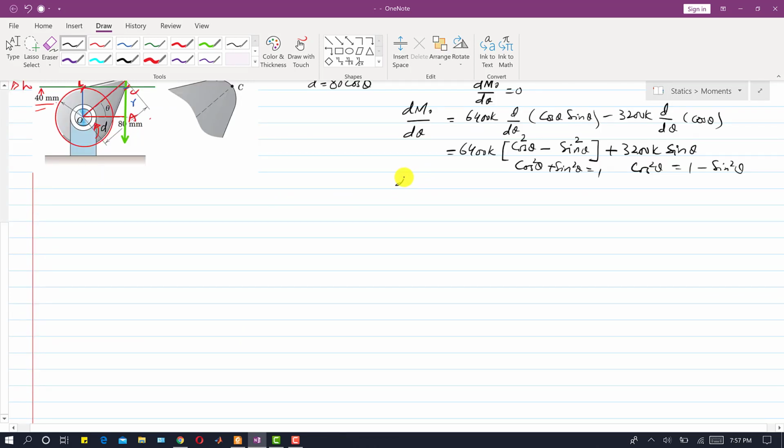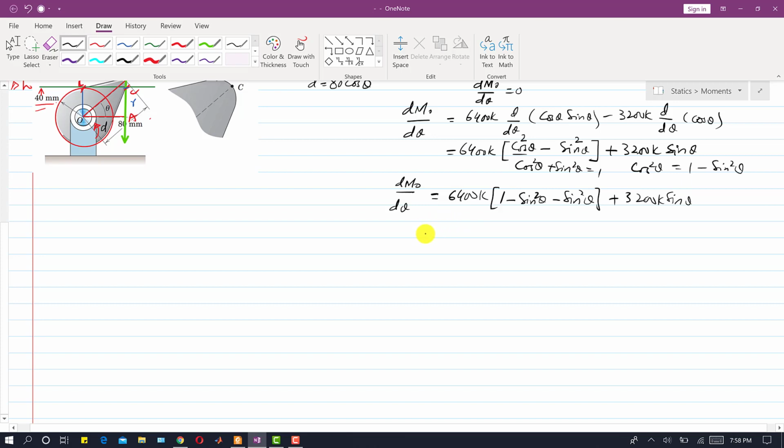So then dM0/dθ will be equal to 6400K, and if I replace this cos²θ with this, I will write 1 minus sin²θ, minus sin²θ, plus 3200K sinθ.